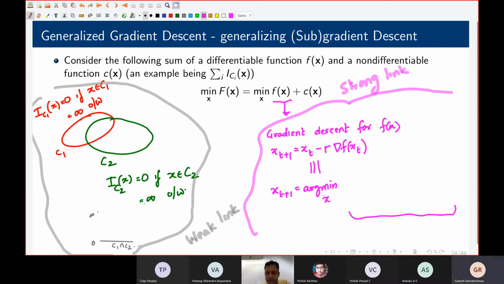So after all, it's updating based on some approximation around x_t, right? f(x_t) is there. But plus what? If I give you some more terms, you have to help me fix the other one, right?